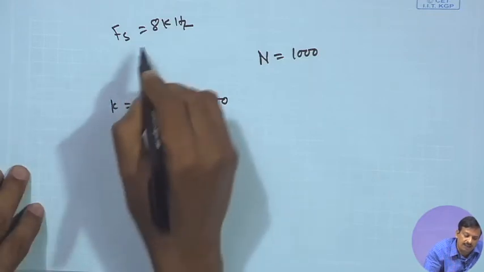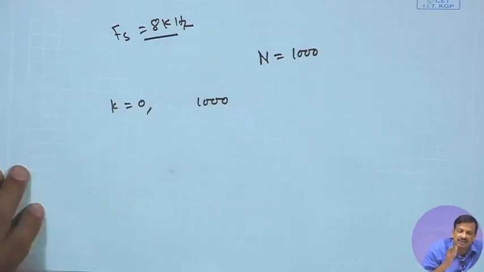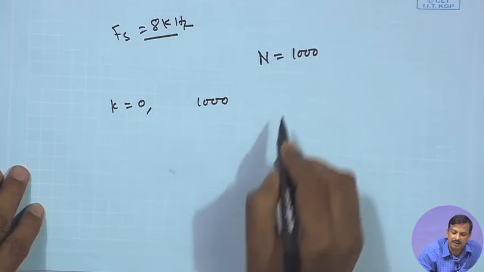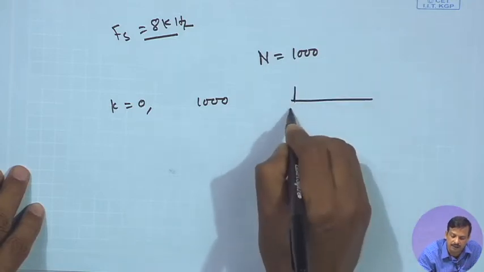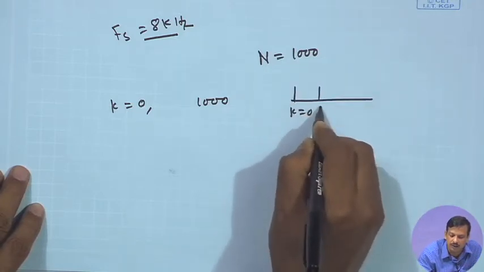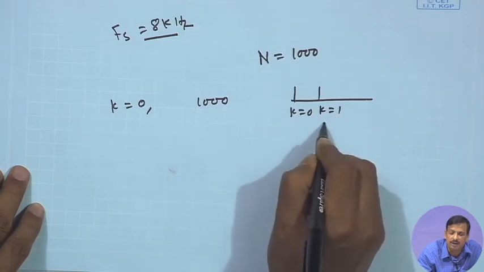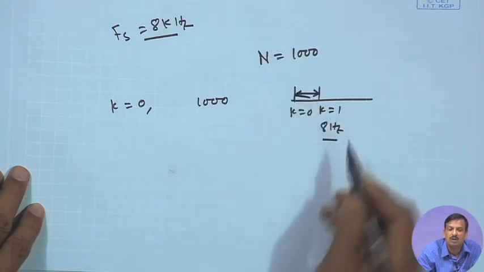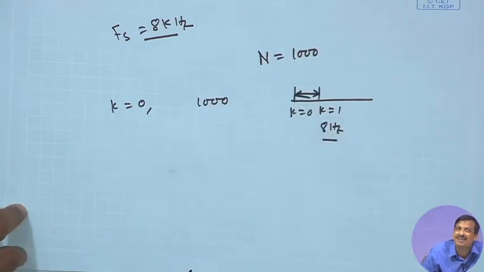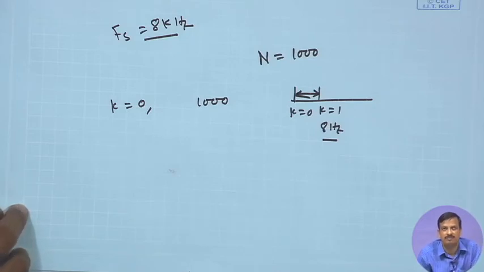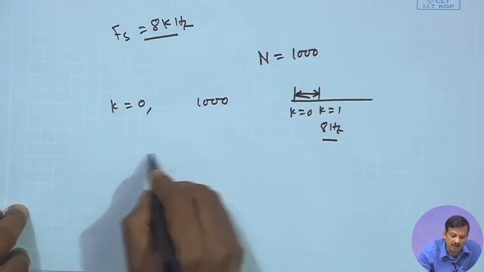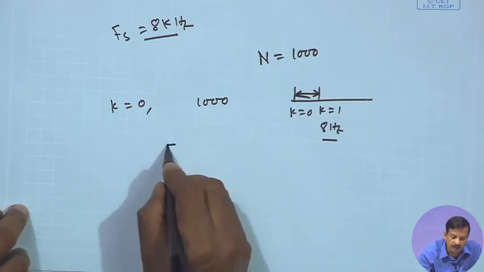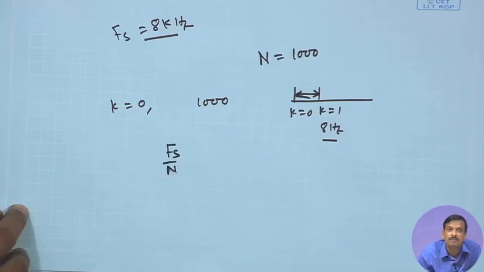That means the distance between two k values, k equal to 0 and k equal to 1, is 8 hertz. This is called the frequency resolution, which is nothing but Fs by N.